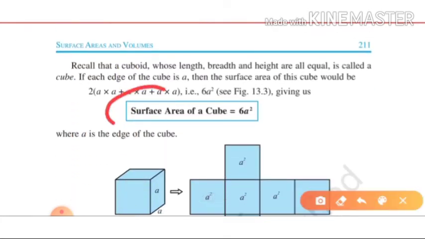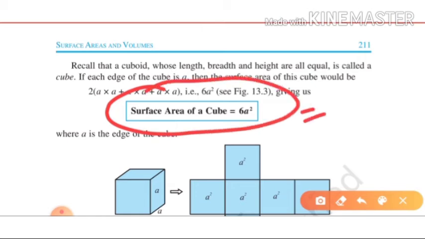So instead of L, if you take a, it will be 6a square. This is the surface area of a cube.